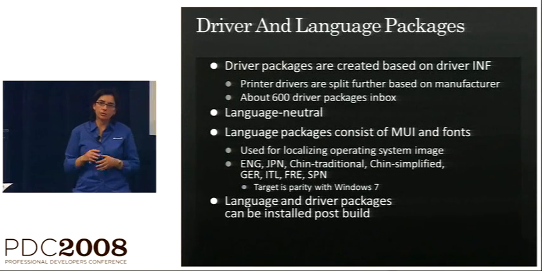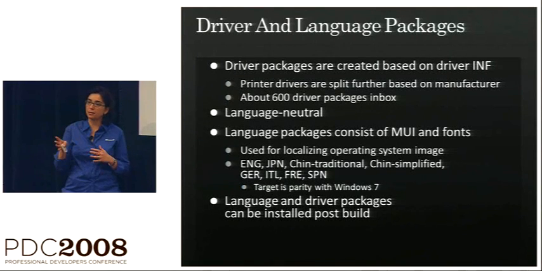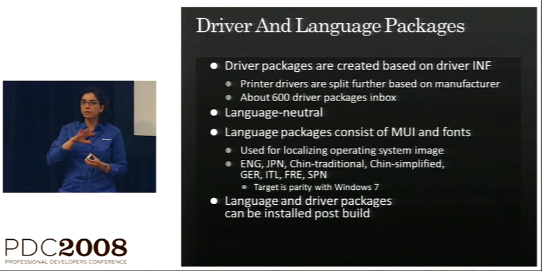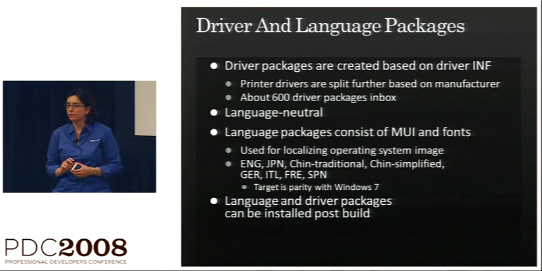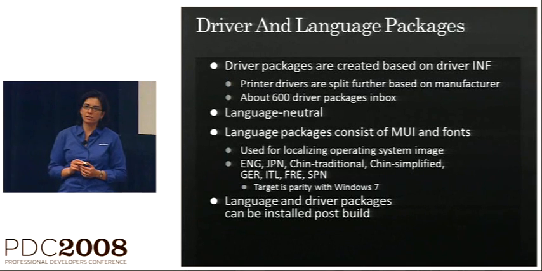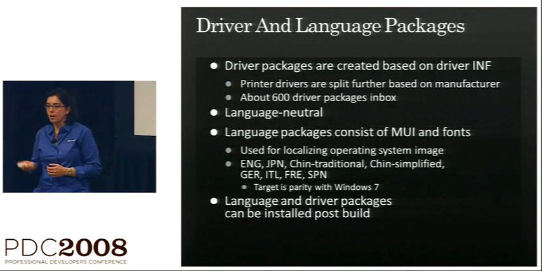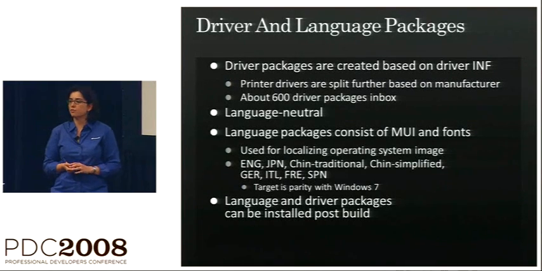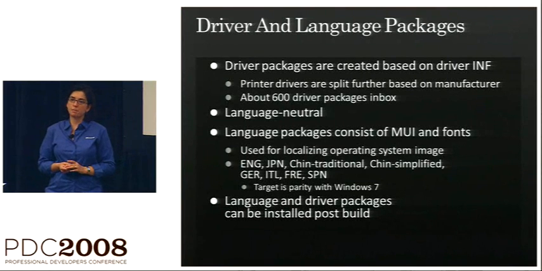So if you're building an image, it is language neutral. If you want to make it English, you can slap on an English language pack. You can have multiple language packs available on the image and actually switch between them online or offline. And that's a great feature. Our goal is to make language packages available for English, Japanese, Chinese traditional and simplified, German, Italian, French, and Spanish.